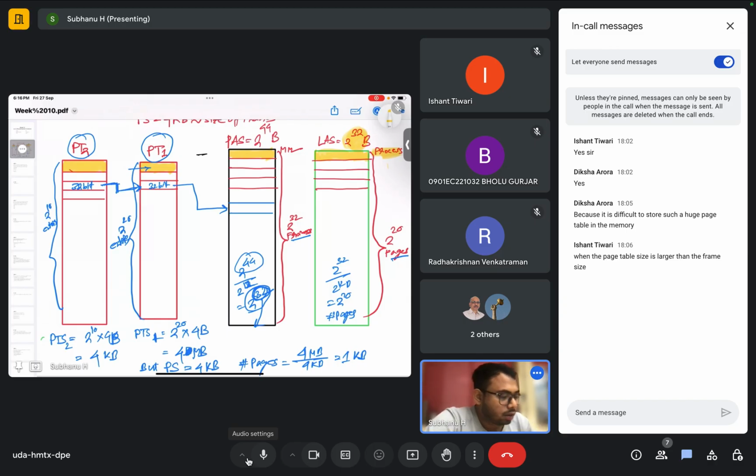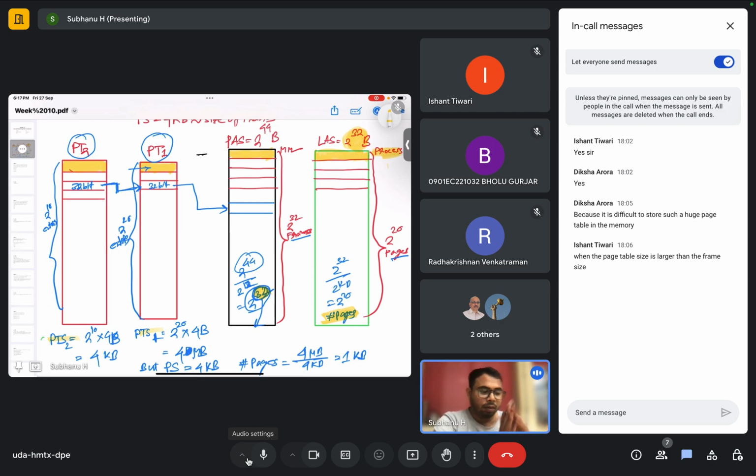Both of your answers are right, because it is difficult to store. Why do we need page table 1 and page table 2? Because the program is very big and it is difficult to store such a huge page table in the memory. Our goal is to represent each frame.